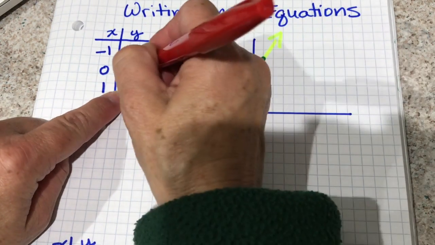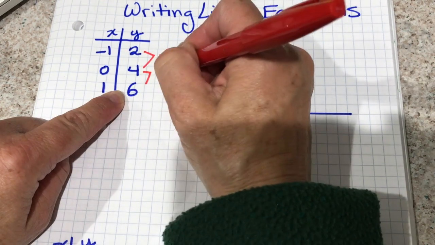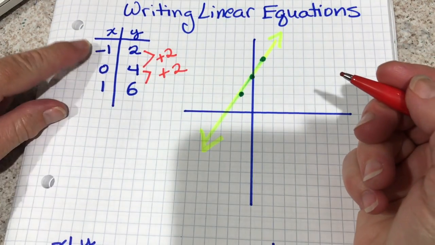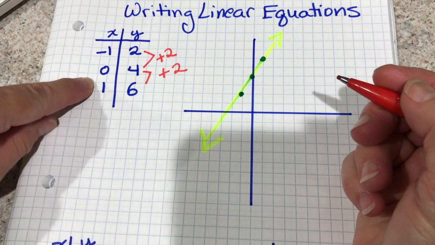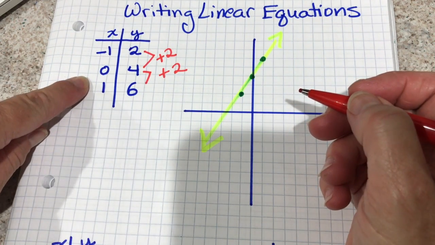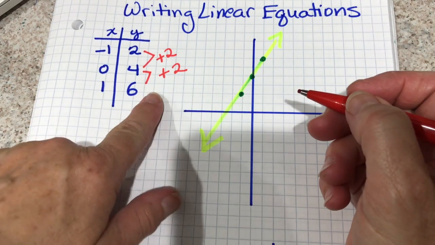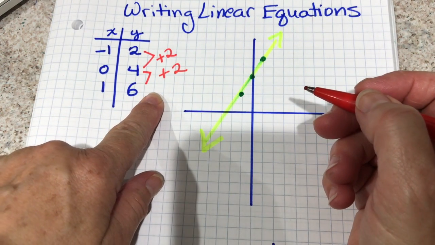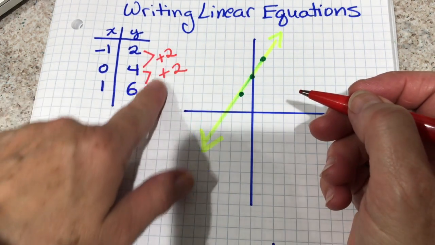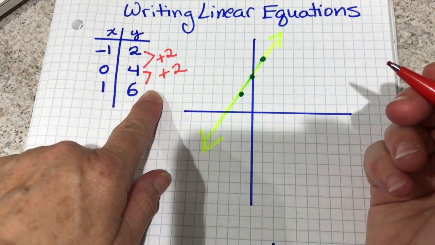And from 4 to 6, we're going to add 2 again. Notice the x is going up by 1, so as long as the x continues going up by 1, the rate of change will show in the y column. So the rate of change is 2.